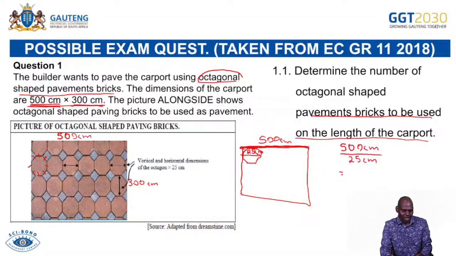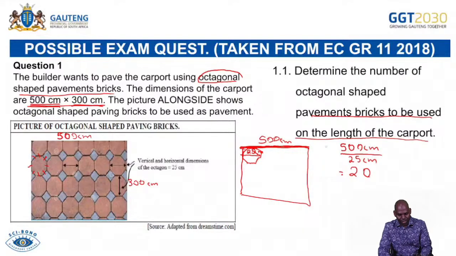I've tried to indicate the picture there, so forgive me, I'm not good at drawing, but I'm sure you get an idea. So I take the length of the carport and divide it by the width of the brick, which is 25 centimeters. 500 divided by 25 means 20 bricks.